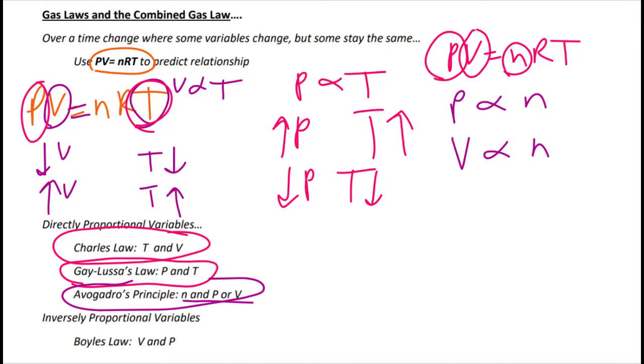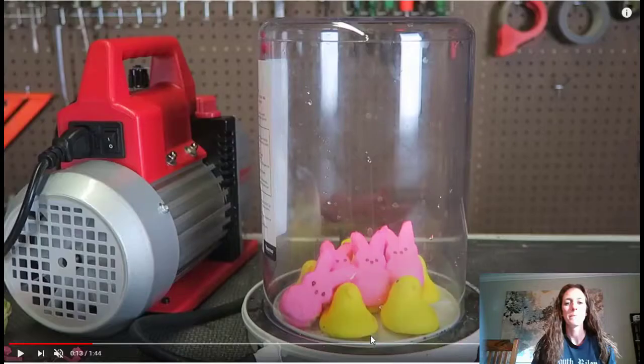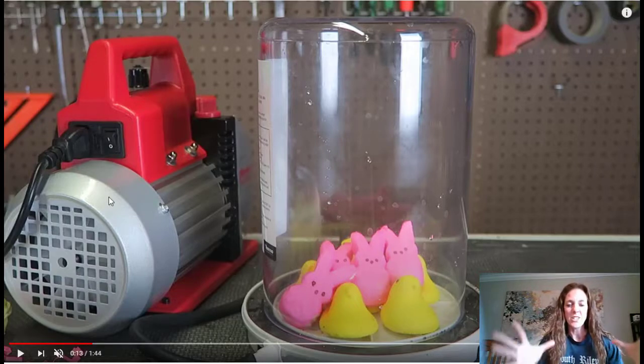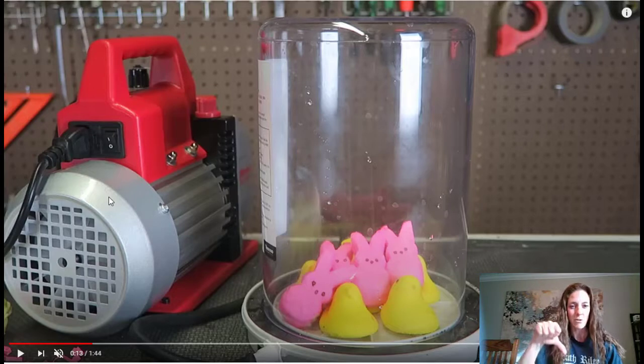Now let's look at an example of Boyle's law. All right, so in this next example, we have these peeps that are very airy, put inside this vacuum chamber where, when we turn this on, it's going to suck all of the air out of that container. So the pressure is going to go way down inside.